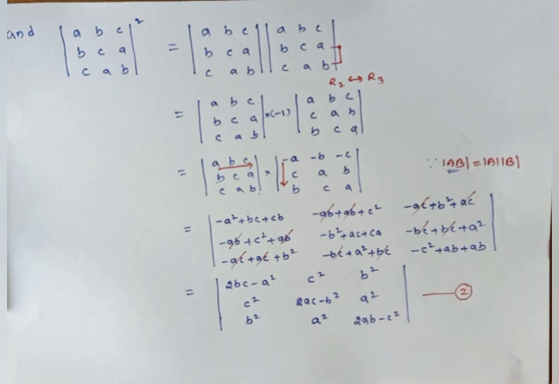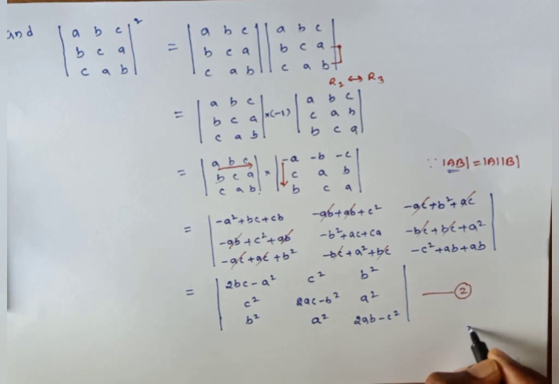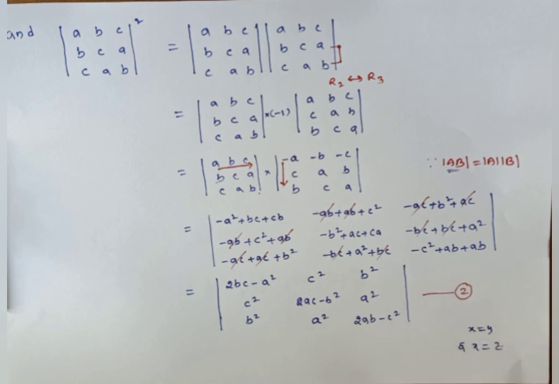So observe relation 1 and relation 2. They are in the form of x equals y and x equals z, right? X equals y and x equals z, so we can express this as x equals y equals z form.